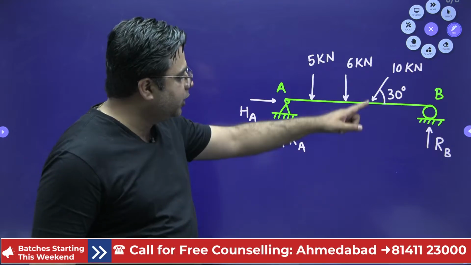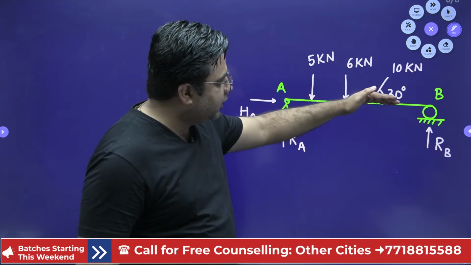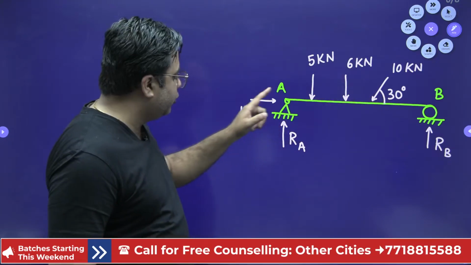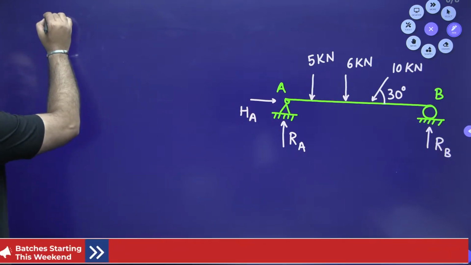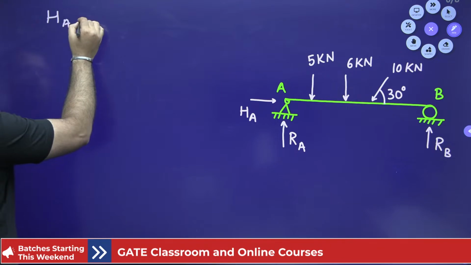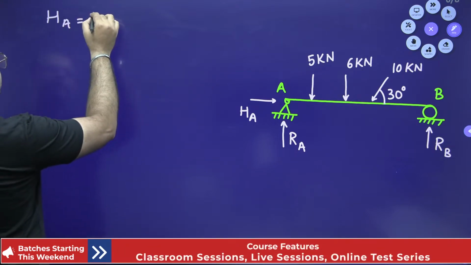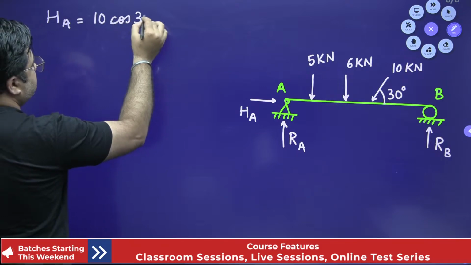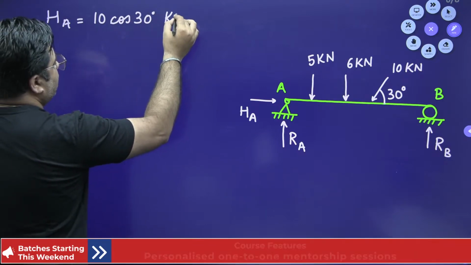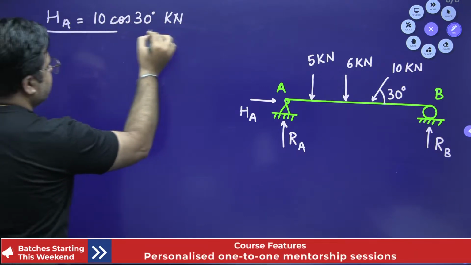So the horizontal component of this inclined load will give the support reaction Ha. So the first step is Ha equals 10 cos 30 degrees, and this is in kilonewton. Done. First Ha is done.